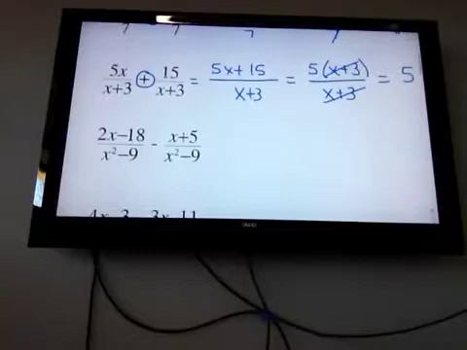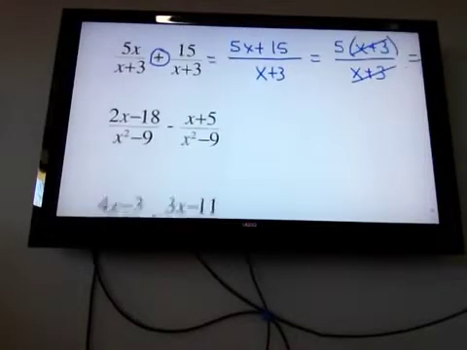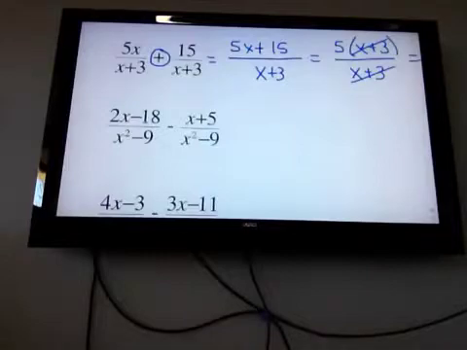All right, in this next example, hopefully you're noticing that the denominator is factorable. We're going to make that step one. They're not always going to be factorable, but if they are, please do it. That's real important for next time, so we're going to do it today too.